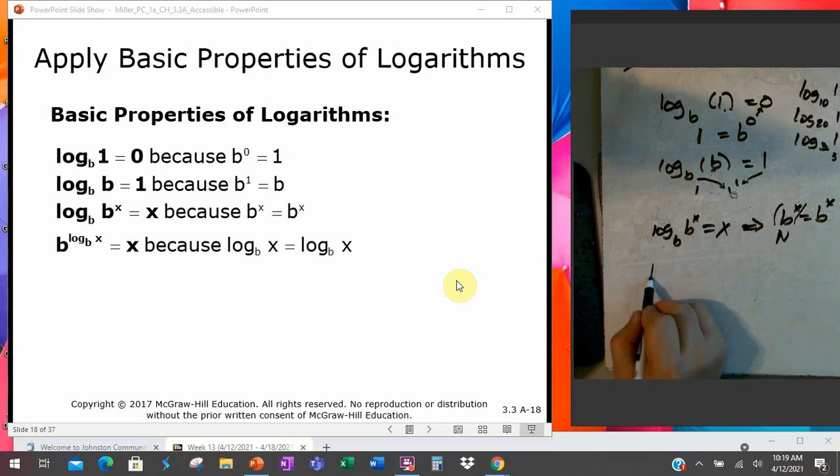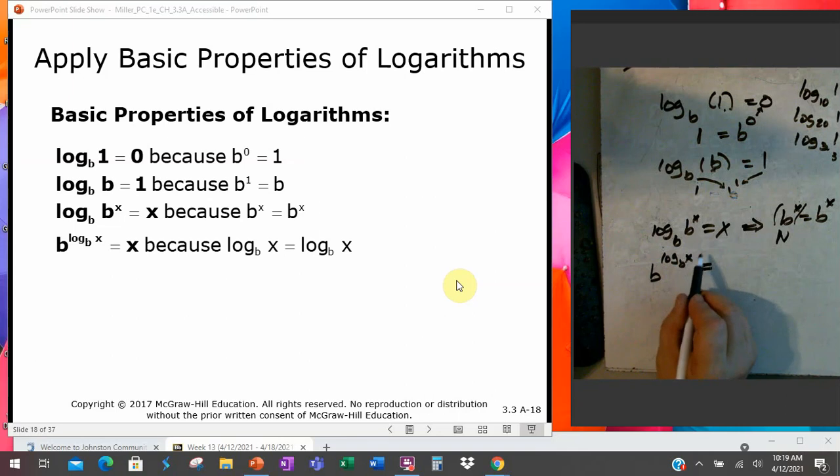And then finally, this last one is kind of hard to recognize, but we use it a lot as results. I've got some number, and I want to represent it as a power of b. What is it? Well, that is the log base b of x. And now this is just x.